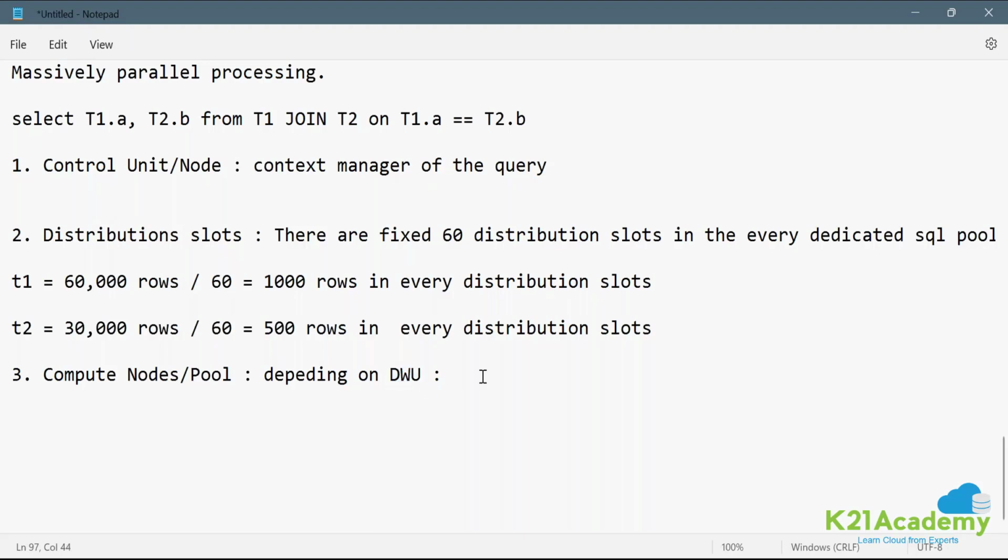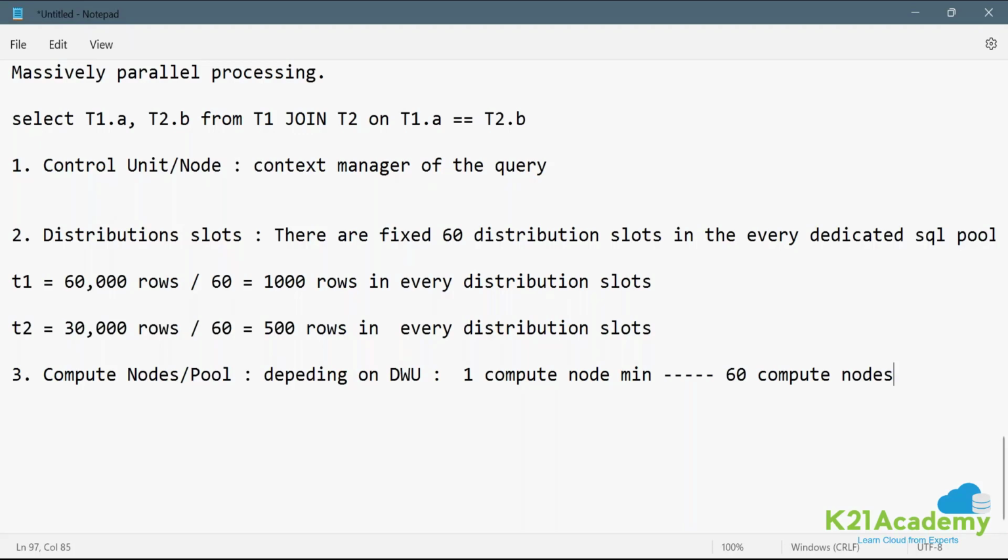The range is a minimum of one compute node to a maximum of 60 compute nodes. There is a chart that tells us at 100 DWU, you will have one compute node. At 200 DWU, you will have one compute node, but you will have more RAM.